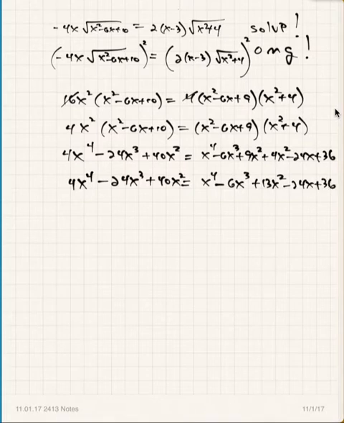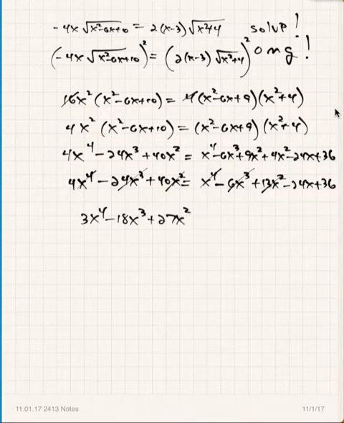And now you get everything over on one side of the equation. You subtract x to the 4th, and that gives me 3x to the 4th. Then I add 6x cubed, and I get minus 18x cubed. I subtract 13x squared, so I have 27x squared.